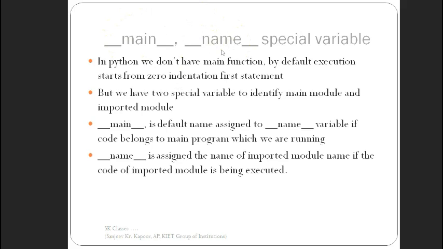But if we are using any function which is defined in any other module, and that module has been imported in the current file, in that case this name variable will have the name of that module if we try to access it in that particular file. Okay, this is about these two special variables which are used to identify the direct execution of code or indirect execution of code. Let us have an example on this.